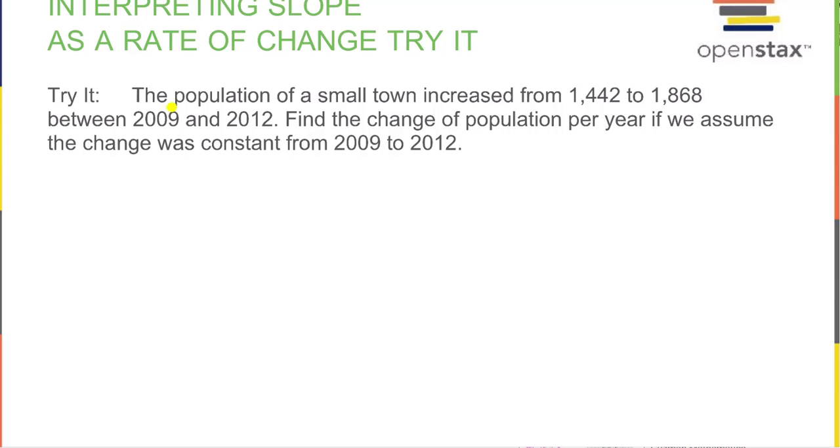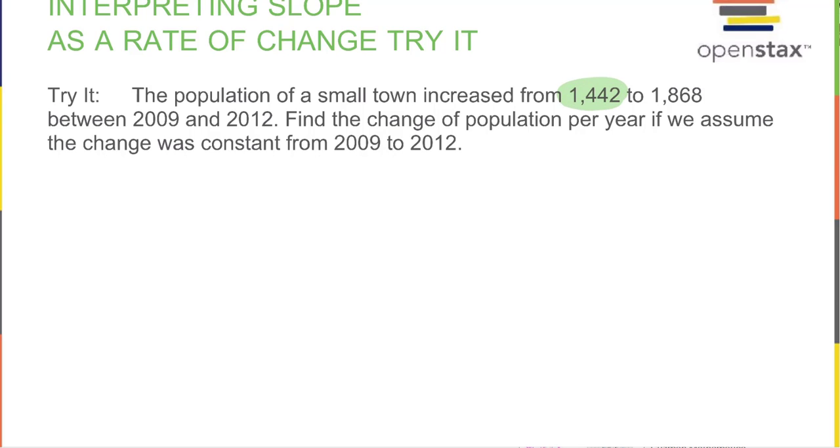It says the population of a small town increased from 1,442 to 1,868 between 2009 and 2012. Find the change of population per year if we assume the change was constant from 2009 to 2012. So first, let's identify our points.